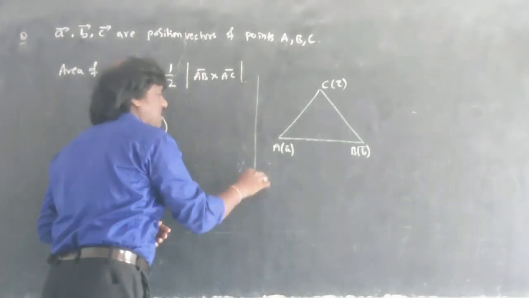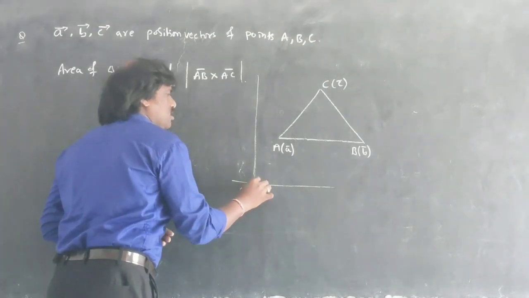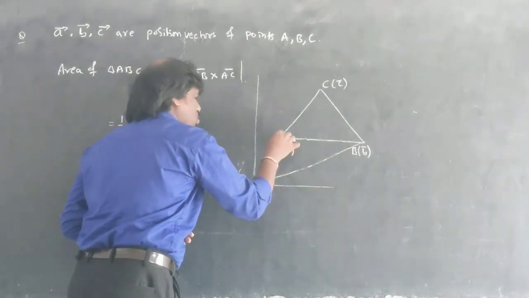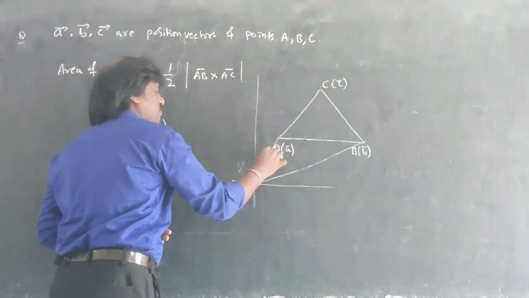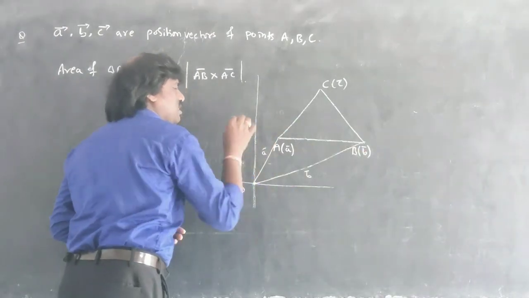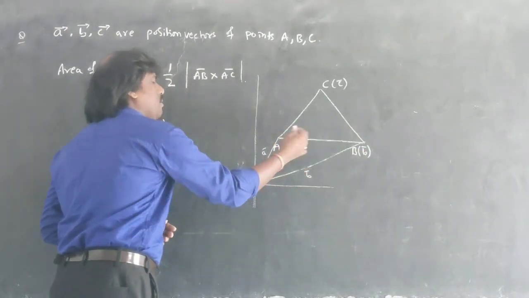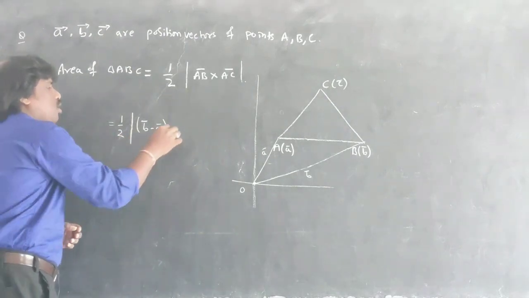Let me make you understand: if this is O, then this is OB and this is OA. The given OA position vector is A vector, OB vector is B vector, then AB vector will be OB minus OA, that is B vector minus A vector.